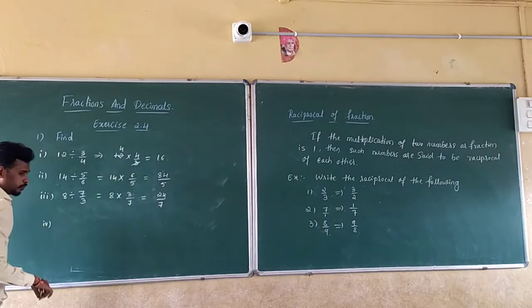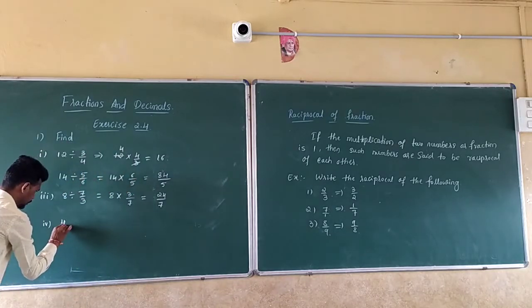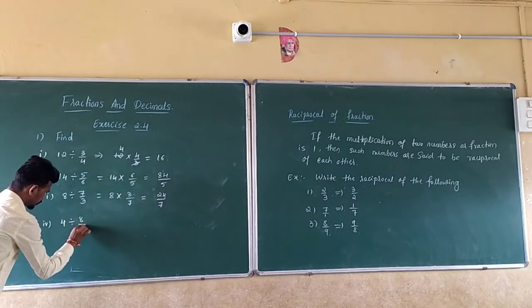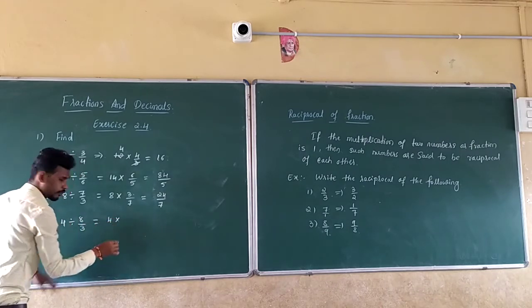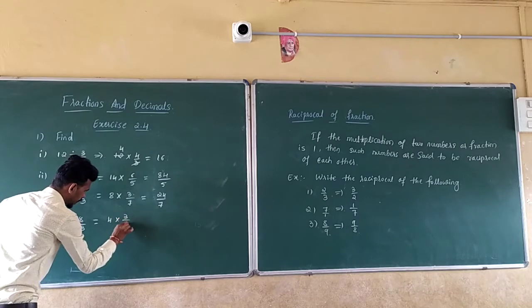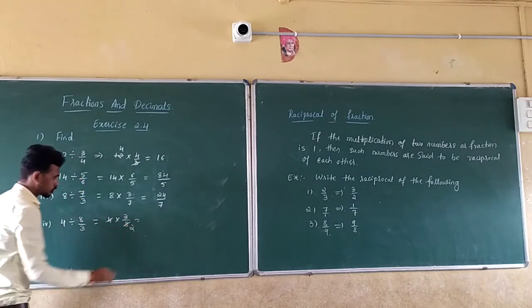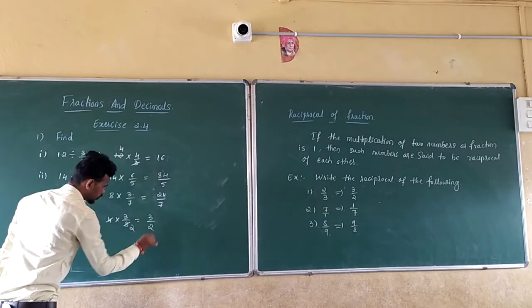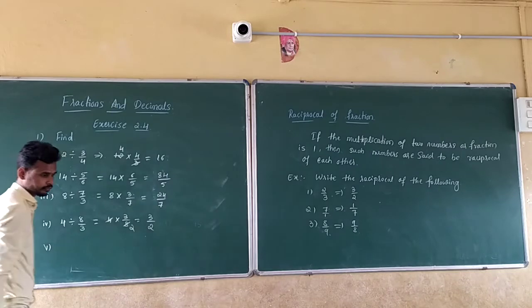Next, fourth one, 4 divided by 8 by 3. We keep the first number the same, and the second number will become reversed, 3 by 8. So here 4 ones are 4, 8 twos are 16, so the answer is 3 by 2.